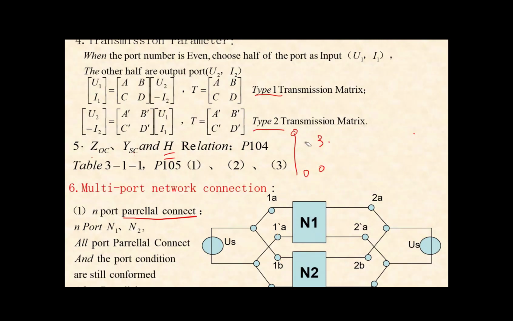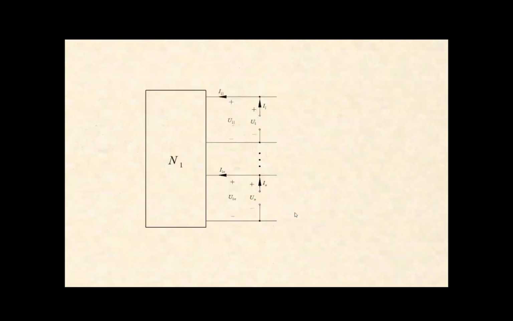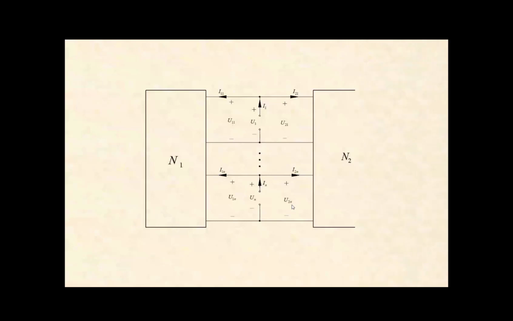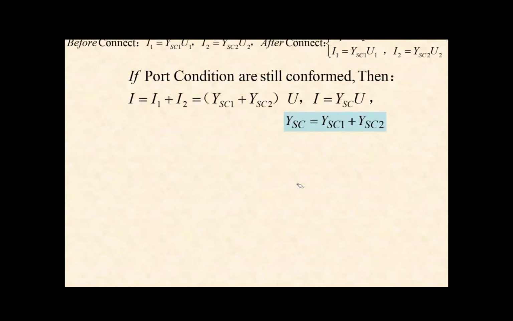When connected in parallel, the total network Y parameter will be the Y parameters of network 1 and network 2 added together.